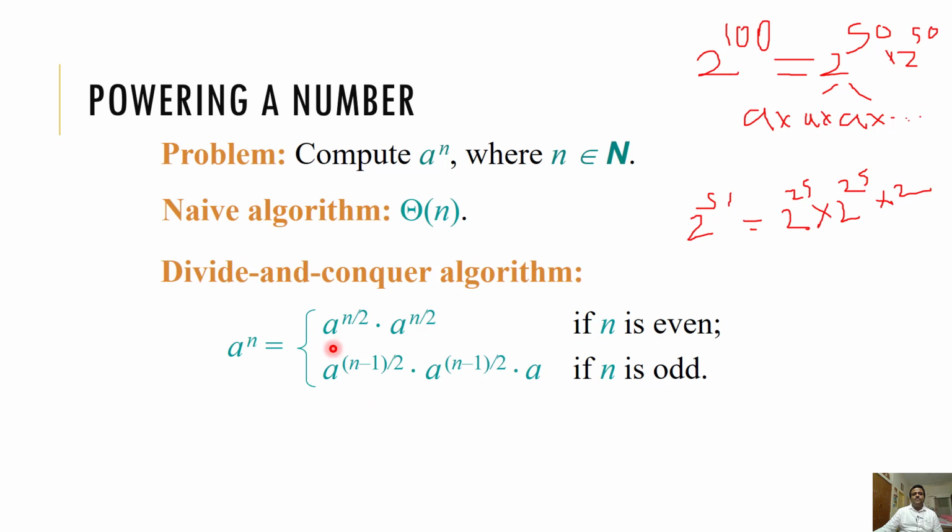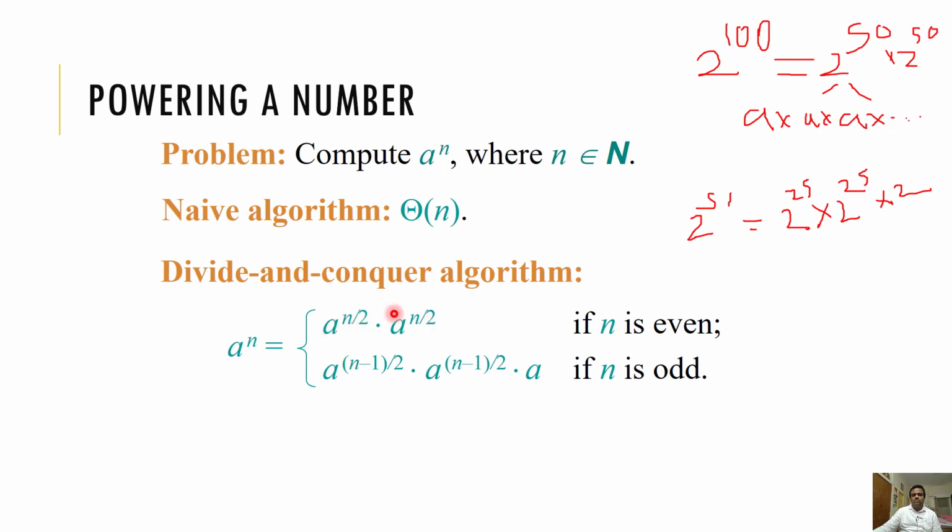So we divide the problem. Our problem was of size n. We divide the problem into sub problems. Now we need to calculate power of a comma n by 2, and that again we can further divide. That will be taken care of by the conquer step. In the conquer step we recursively find this, so only one call.